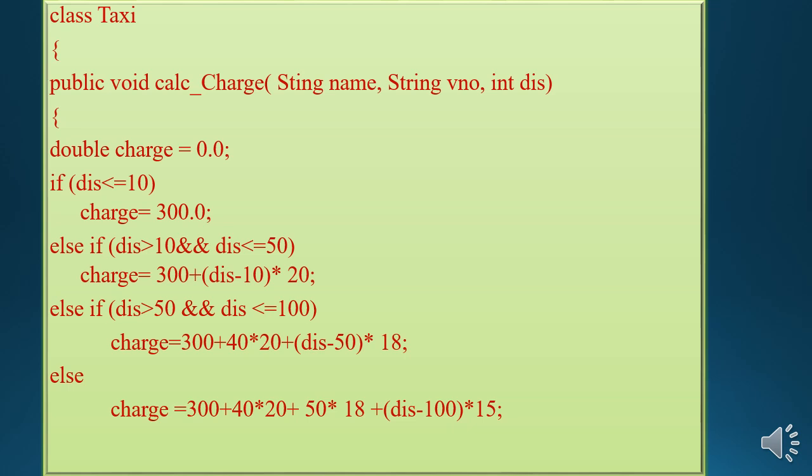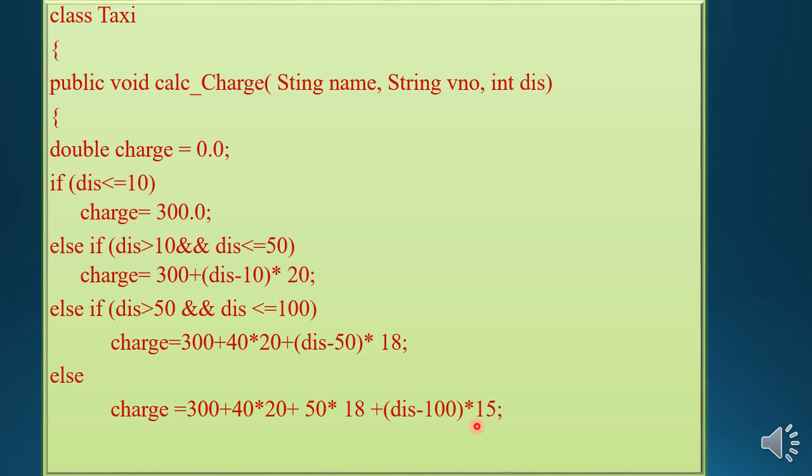Else means, if the distance traveled is more than 100 km, the charge to be paid by the passenger is 300 plus 40 star 20 plus 50 star 18 plus, how will you find out the distance above 100? dis minus 100 star 15. So 15 is the fixed rate per kilometer for each kilometer exceeding 100.